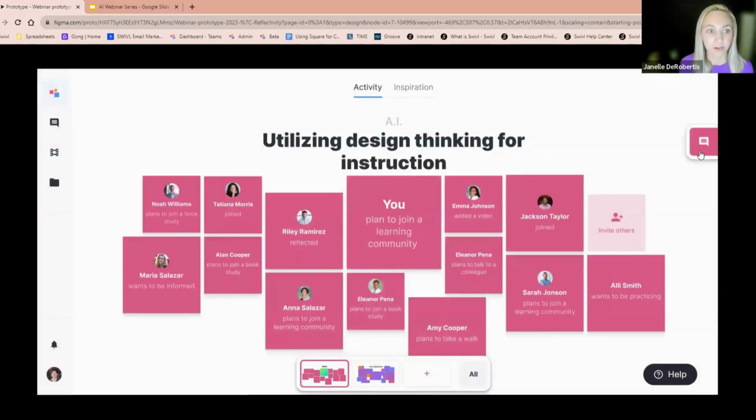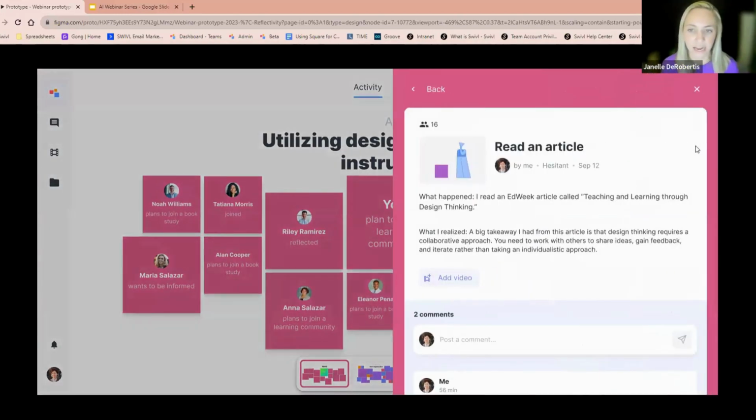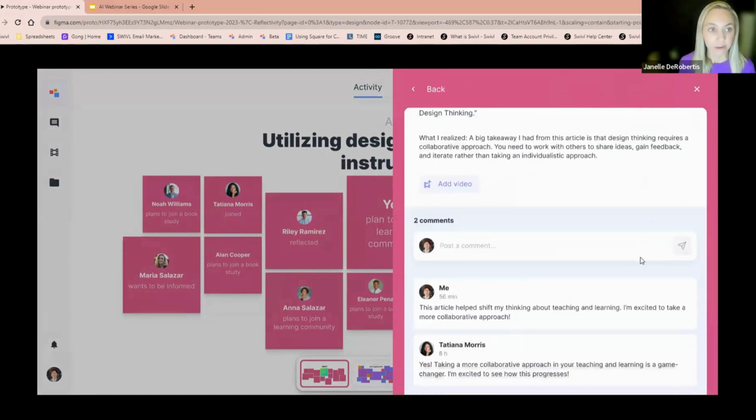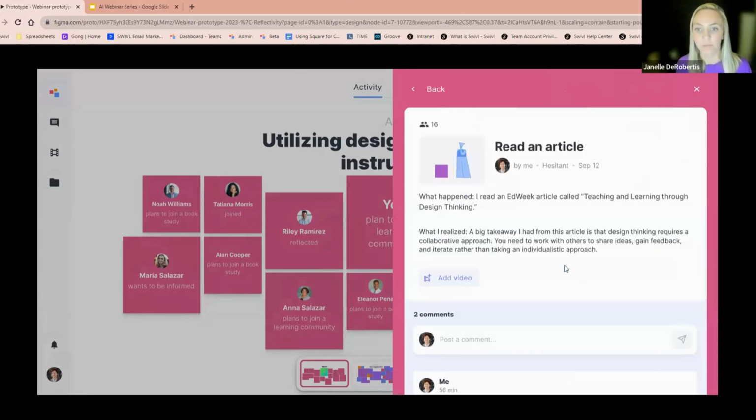And my favorite part of this community space is this discussion tab here to the side, where you're able to share your reflections with everyone in the learning community. And then from there, you're able to get feedback, get support, and also be able to share your thinking with others so they're able to learn from you. So you can have a discussion on your shared reflections in this space here.